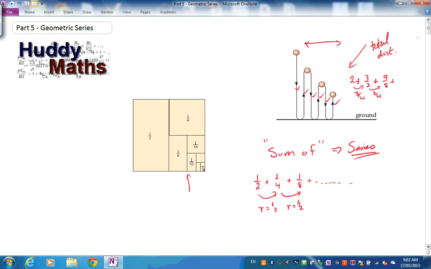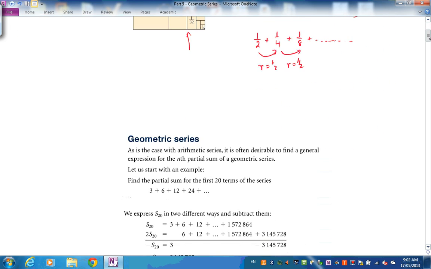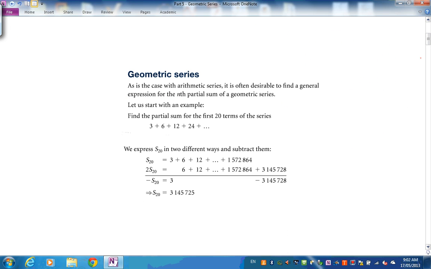These screen clippings here are from Pearson's textbook for the new IB course, standard level, first examined in 2014. So let's come down and have a look at what they say here. A geometric series is the same as with an arithmetic series. We might be wanting to sum some of the terms.